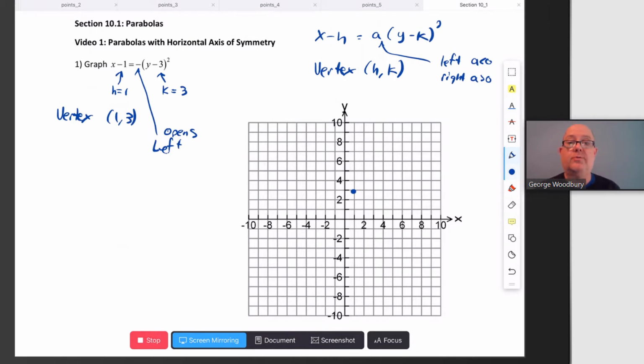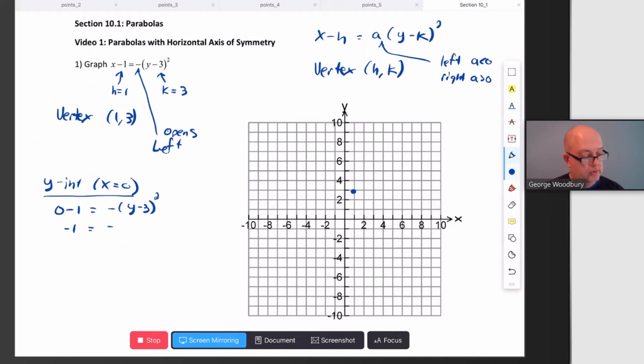We'll try to make it a little more precise by finding the intercepts and so on. So the first thing I'm going to look for, since I know it opens to the left and the vertex is to the right of the y-axis, it has to have y-intercepts. I'm going to find the y-intercepts, like I just said, by letting x equal 0. So 0 minus 1 equals negative the quantity y minus 3 squared.